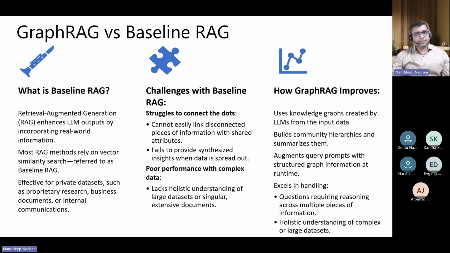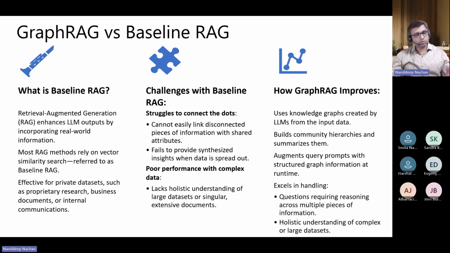But on the other hand, it has some major limitations. For example, it struggles to connect information that is spread across multiple sources. It will be able to get information from multiple documents based on the index that it has, but the baseline RAG will probably fail to interconnect that information.